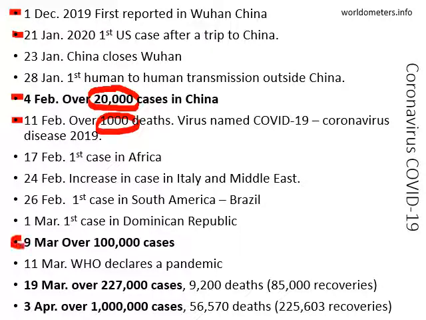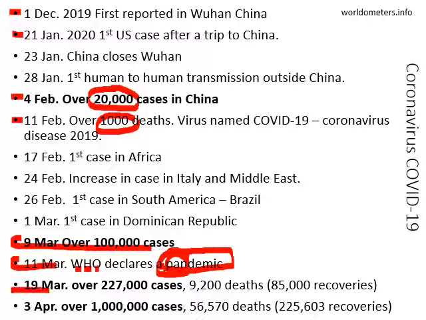In March, there were over 100,000 cases. March 11th, the World Health Organization declared a pandemic, which means that it's an illness that is occurring throughout the world. Pan means around the world.